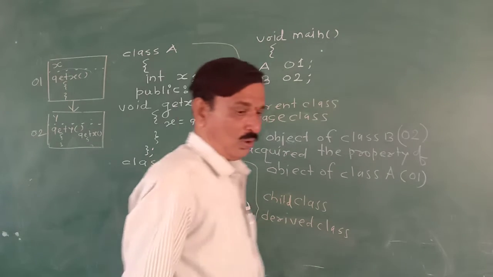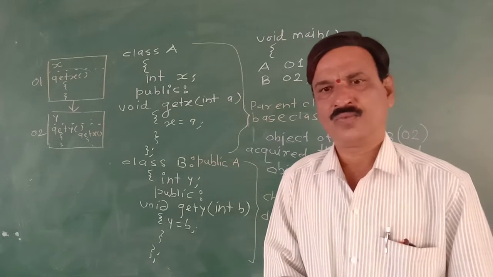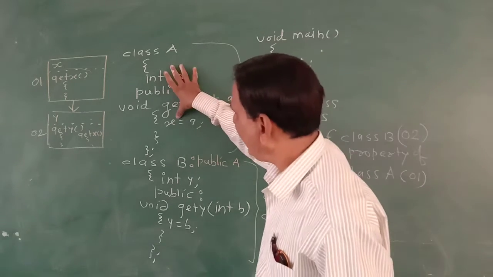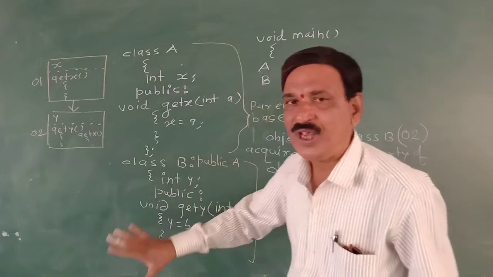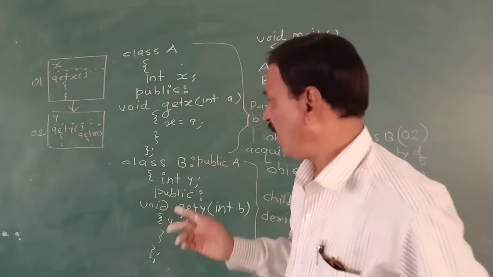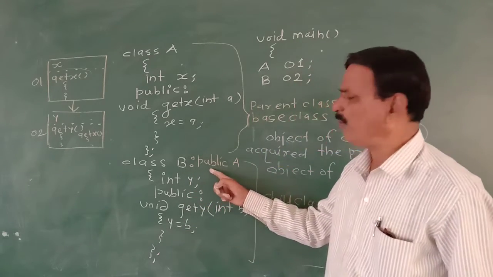Now we are going to see here, class A we have declared as a parent class, class B we have declared as a child class. How is that relation established? By using this colon. Then what is this public?